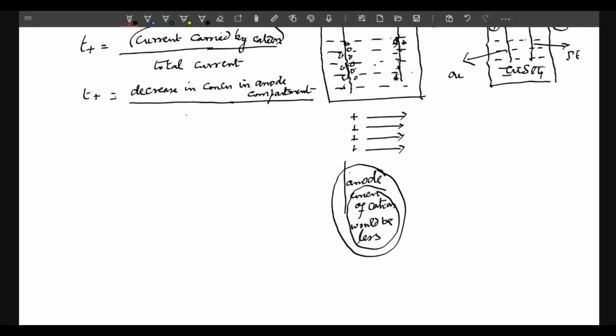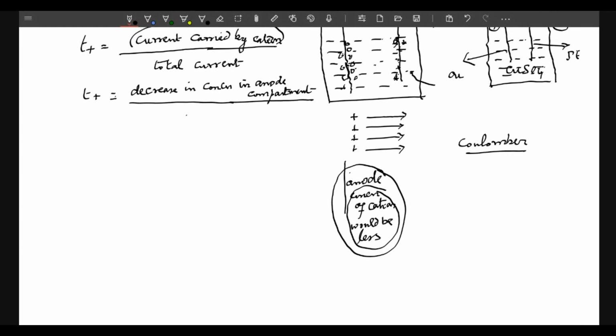How would you decide the total current passed? For that, this apparatus is connected in series with the coulometer. A coulometer is also an electrolytic cell, in which copper sulfate is electrolyzed in series with that electrolytic cell, and copper is deposited at the cathode. You find out how much copper is deposited.